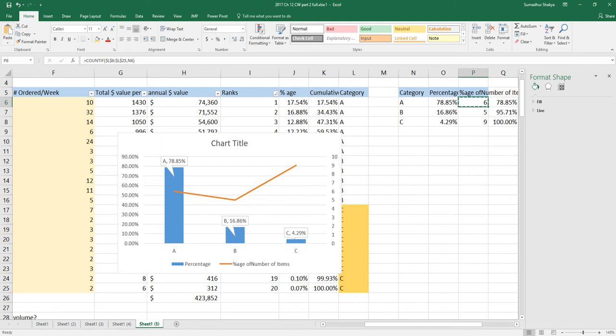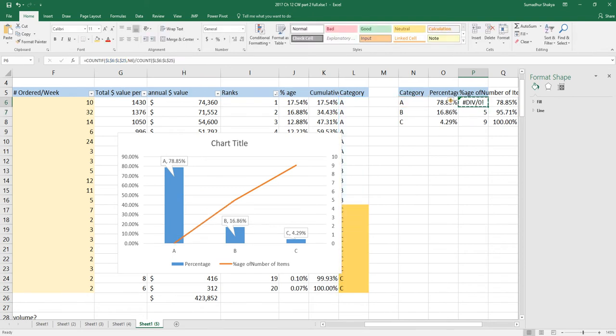You can say this divided by count of all the numbers. Make sure you freeze them.